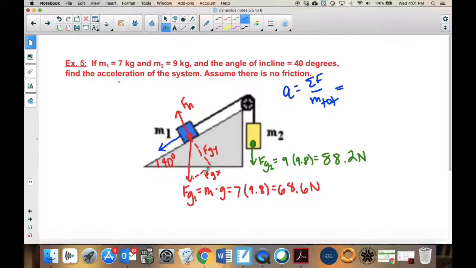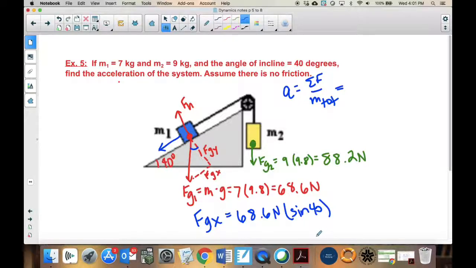And that is this Fg sub x here. Fg sub x is across from the angle, so it is going to be 68.6 times sine of theta, or sine of 40.